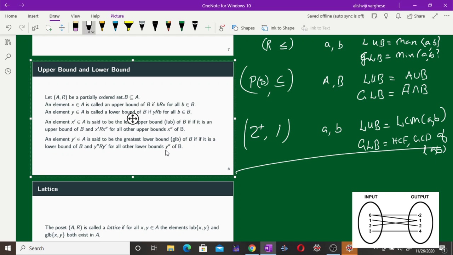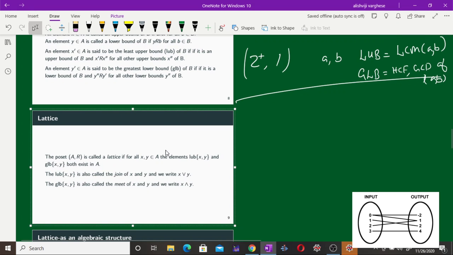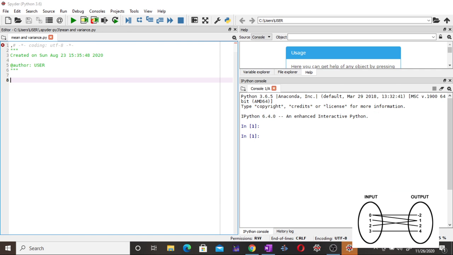Now, the next definition is of a lattice. A partially ordered set is called a lattice if, for any arbitrary elements x and y, the least upper bound of x and y and the greatest lower bound of x and y both exist in A. In that case, it's called a lattice.